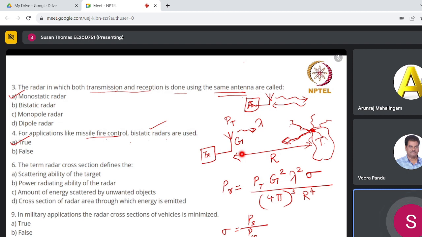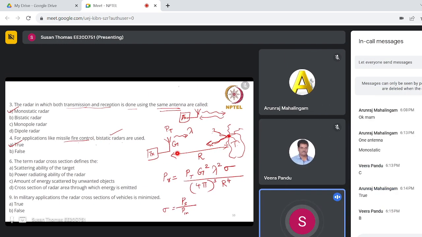Now, let me go to the question. The term radar cross section defines: the scattering ability of the target, the power radiating ability of the radar, the amount of energy scattered by unwanted objects, or the cross section of the radar area through which the energy is emitted. I request you to answer this question based on the idea I have given.